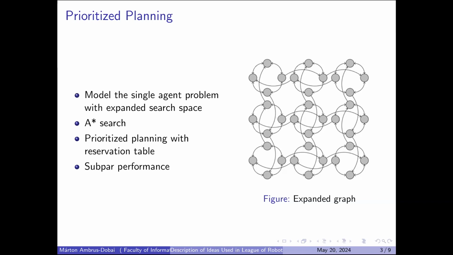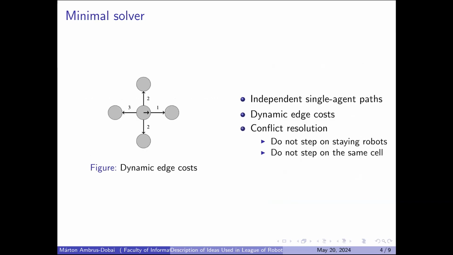And I used the A-star search to find paths for the agents, and I used prioritized planning with a reservation table to merge these plans together, and this resulted in bad performance because the search was slow and the prioritized planning failed in most of the instances.